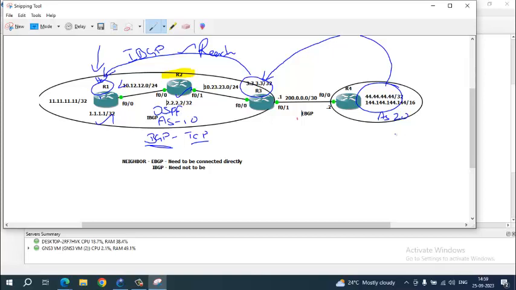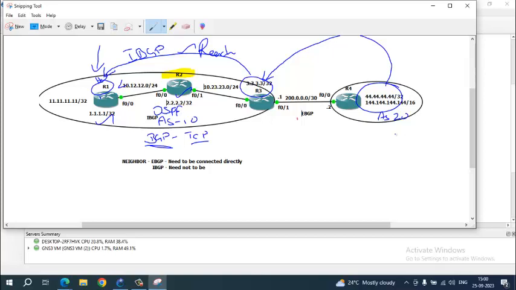After forming neighbor, the network information that is coming from outside via BGP is received inside autonomous system 10 through BGP only, not through OSPF. OSPF is not providing the 44.44.44 network.